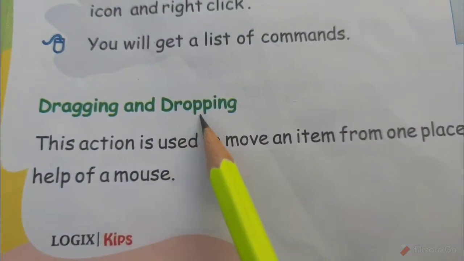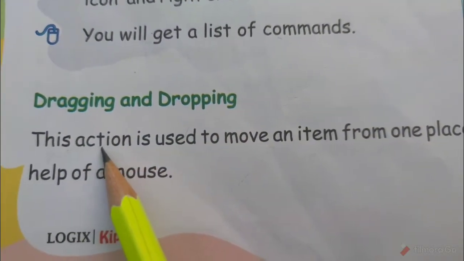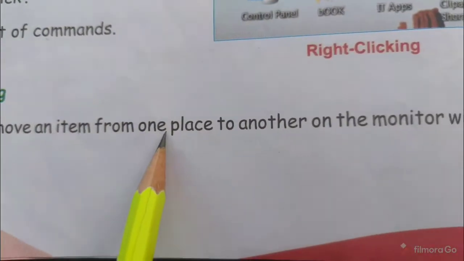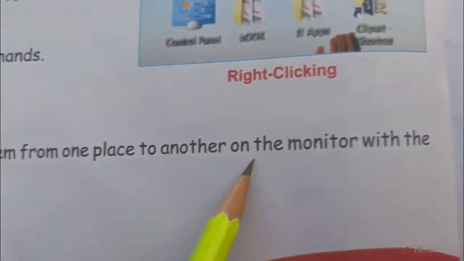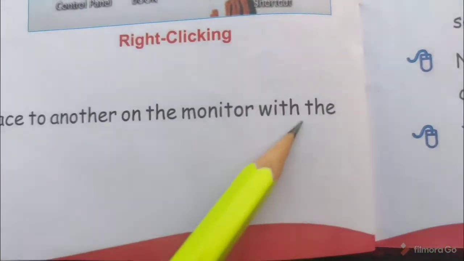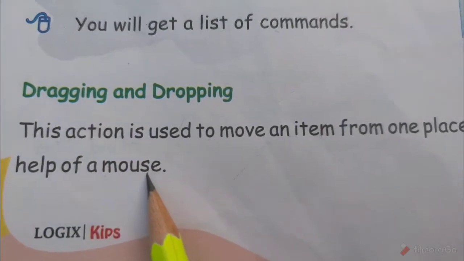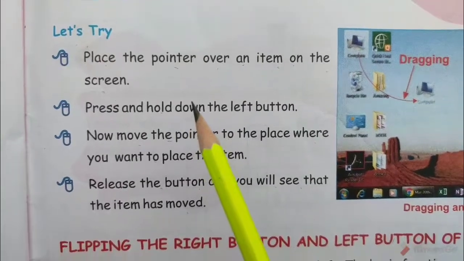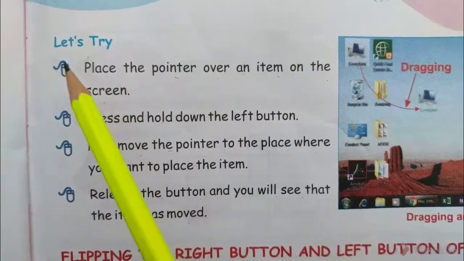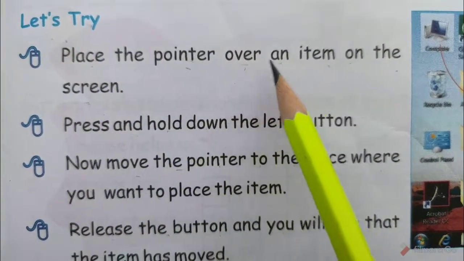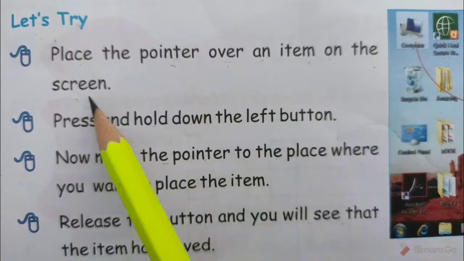Dragging and dropping. This action is used to move an item from one place to another on the monitor with the help of a mouse. Let's come to the next page, children. Let's try. Place the pointer over an item on the screen.